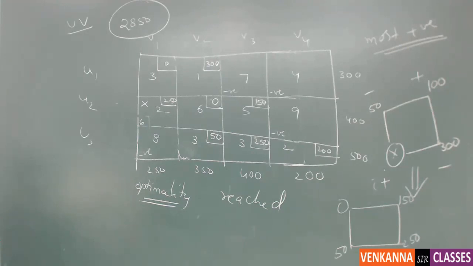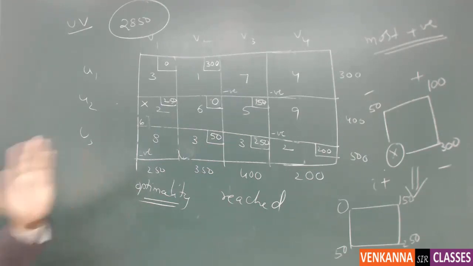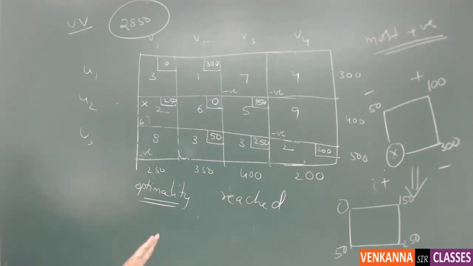So let me say one thing, that if you have started the solution, the feasible solution is taken by the northwest corner method. The value is 4400. If you apply this method, after finding the optimal solution, you will get the value as 2850. Okay.